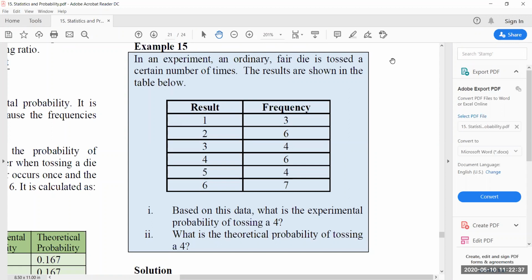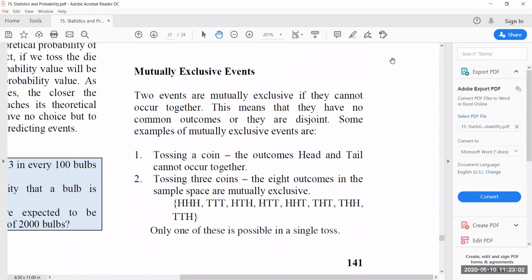Okay, so let me just explain mutually exclusive events, and then we shall end class for today. So mutually exclusive events. 2 events are mutually exclusive if they cannot occur together.